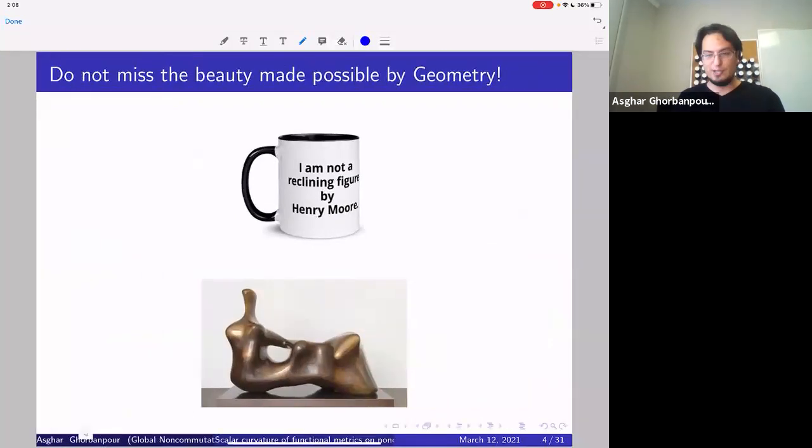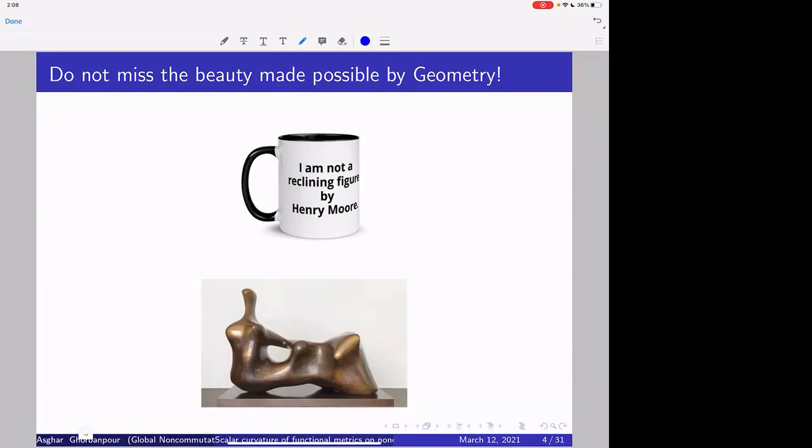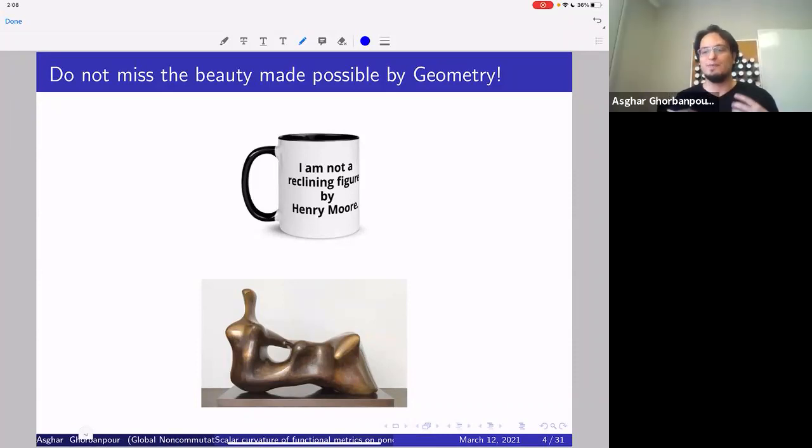In other words, I don't want us to confuse a mug with one of these reclining figures by Henry Moore. So we want to bring in a little more geometry. So far we are just seeing everything as a mug. All those reclining figures by Henry Moore are basically versions of mugs.